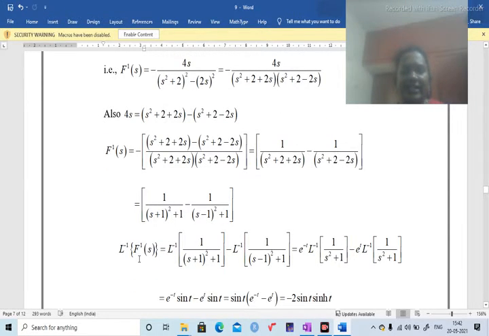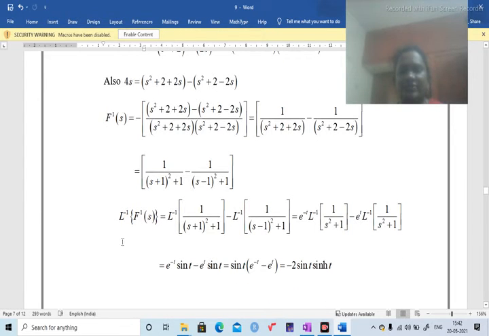Again take L inverse on both sides. Here plus 1 is there, so e power minus t, L inverse of 1 by s square plus 1. Here minus 1 is there, that's why e power t into L inverse of 1 by s square plus 1. So which is equal to e power minus t sin t minus e power t sin t.